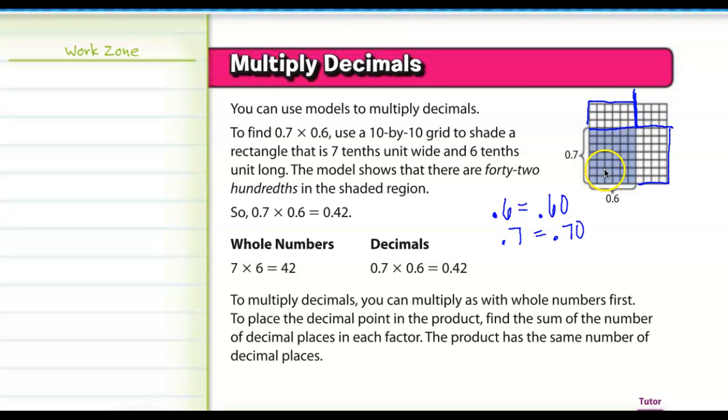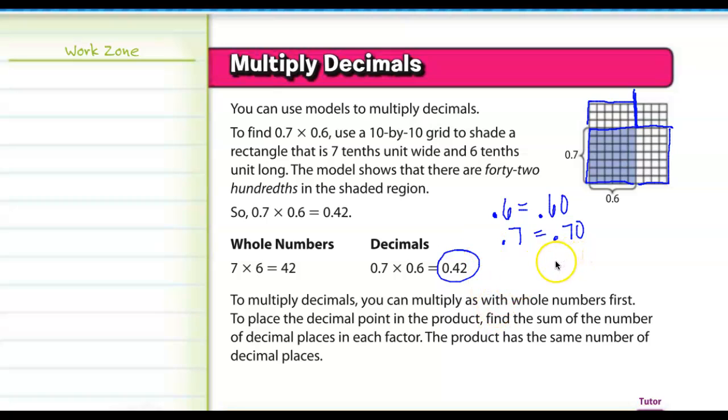So, as you can see, the actual product, because 7 times 6 is 42, the actual product of 42 hundredths is smaller in area than 60 hundredths and 70 hundredths.